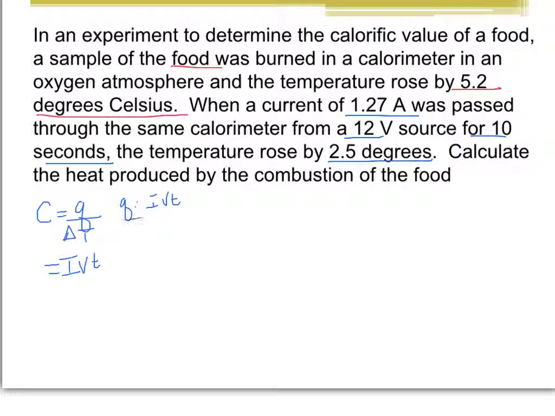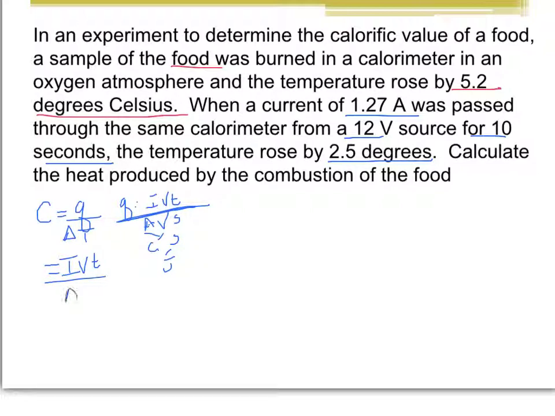This is Q equals current times voltage times time. And we also remember that the current is supposed to be in a unit of amps, the voltage is supposed to be in volts, and the time is supposed to be in seconds. Amps times volts gives us watts, and a watt second is a joule. So just reminding us of that.